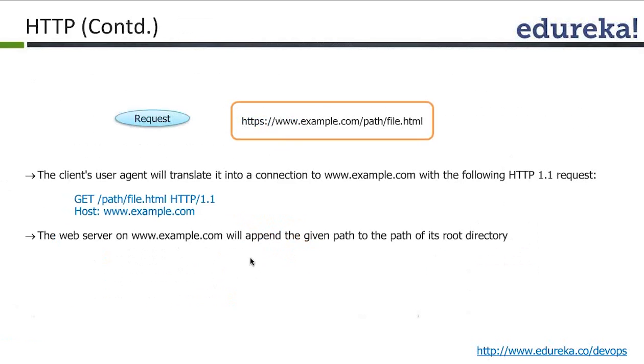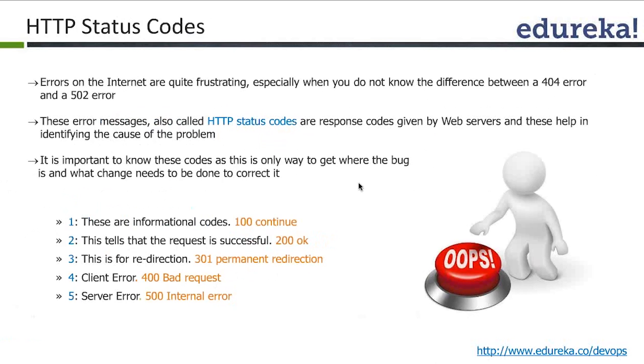Okay, so this is how an HTTP program or a web server actually works. Then, if you have noticed, this HTTP server gives you numbers like 200 or 400, which are pretty common.